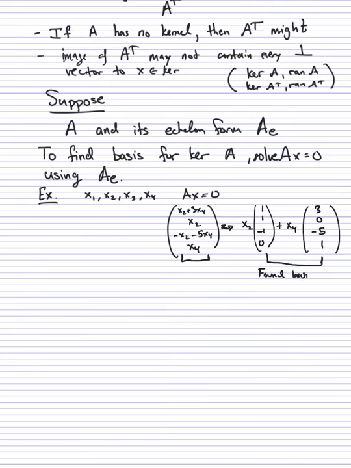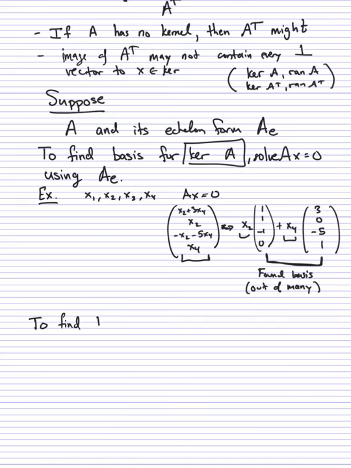Every solution set will be some linear combination of these two vectors. So you found a basis out of many, I should say. There's many possible bases for the kernel, but you can always obtain them by looking at the coefficients in front of your free variables in a solution. Of course, you still have to go through the work of solving it. That's just life. Okay? So that's the kernel of A.